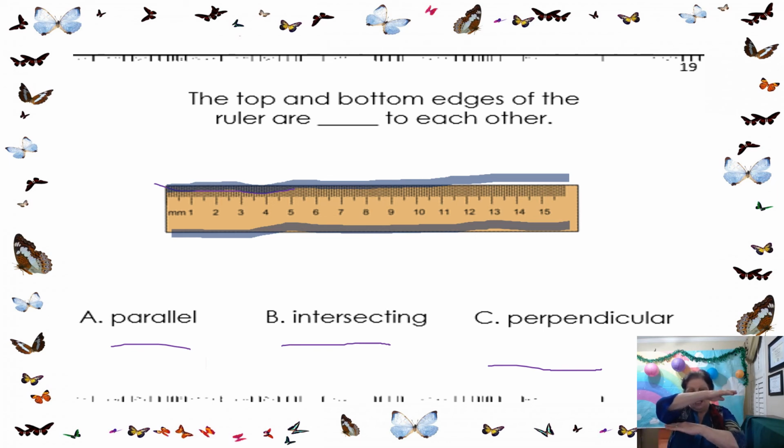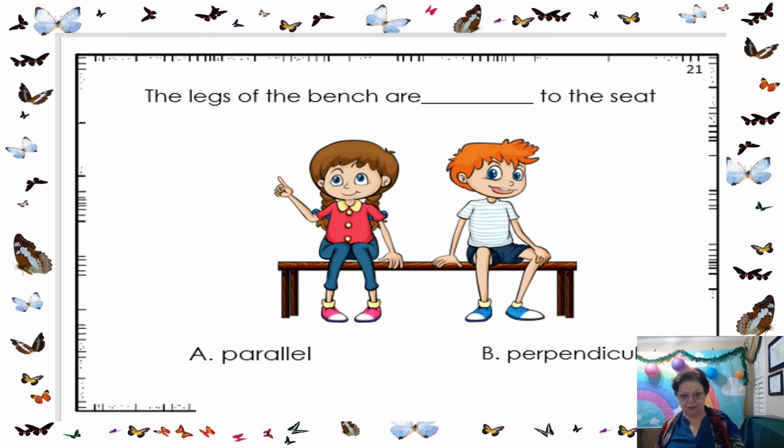If you said A, you're correct. Those are parallel lines. The legs of the bench, I can make a square, perpendicular, you can make a square. Yes, it is B, perpendicular.